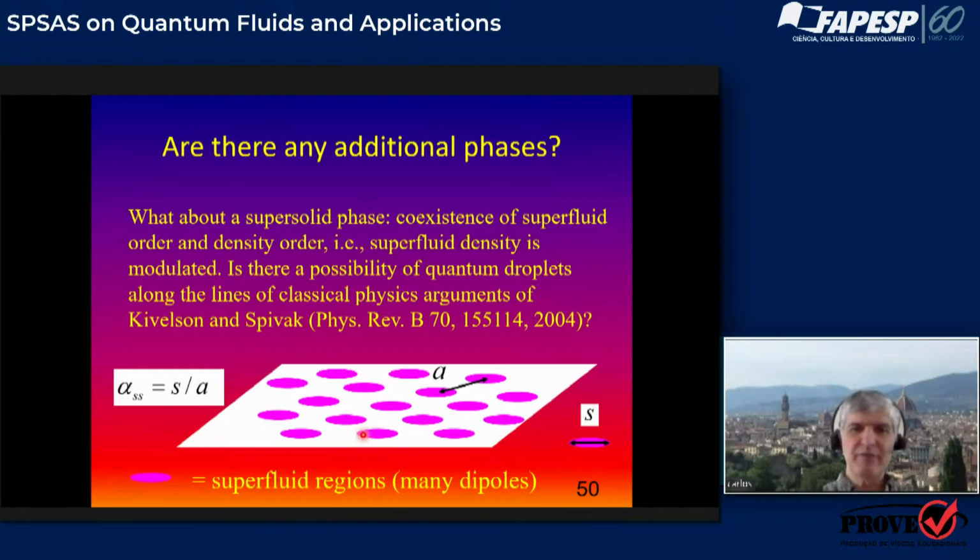And these regions will have a density profile which is roughly flat over a certain length scale, which we call S. Here S has a slightly different meaning, the spread in density, where you have many, many dipoles. In the Wigner crystal case, you have only one dipole per site. Here, you're going to have a disk with many, many dipoles. So it's a way of compromising between the superfluid and the Wigner crystal.